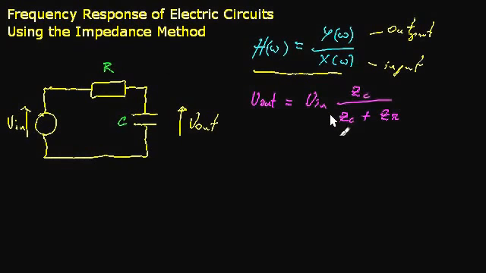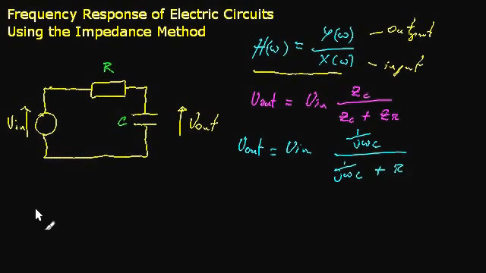Now the impedance of the capacitor is 1 over j omega C. The impedance of the resistor will just be R. So let's substitute those values in and expand out the expression a little bit. So Vout will be equal to Vin times (1 over j omega C) all over (1 over j omega C plus R).